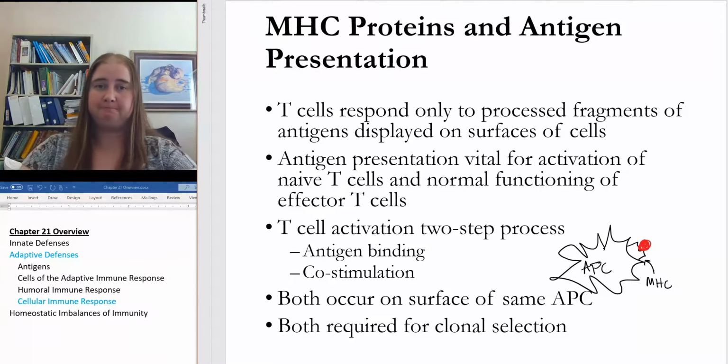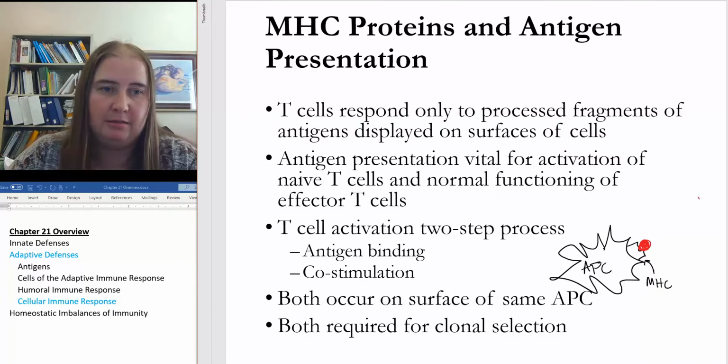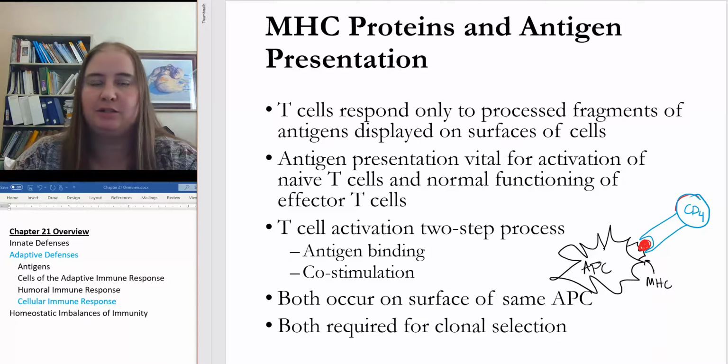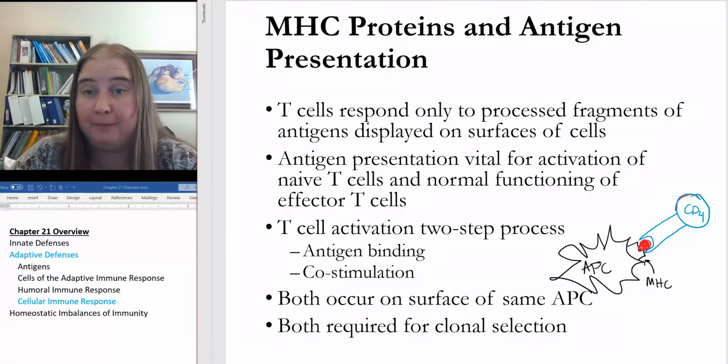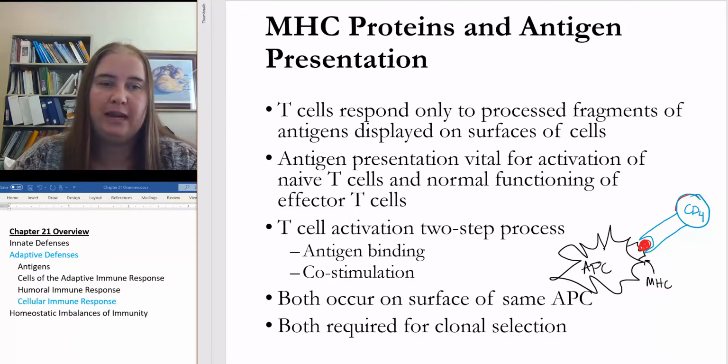Now, we also have our T cell. Just kidding, this is going to be our CD4 cell, or CD8. And what's going to happen is this CD4 cell is going to have to bind to this antigen. It doesn't telescope out, it comes to it, but I can't have it come to it on my flat screen. So this is our antigen binding.